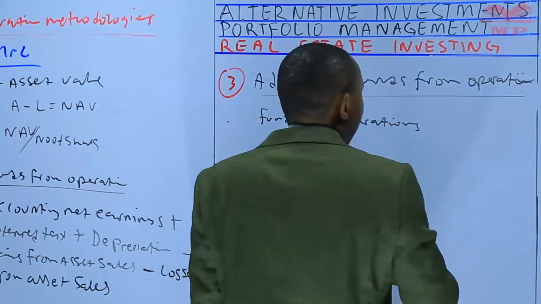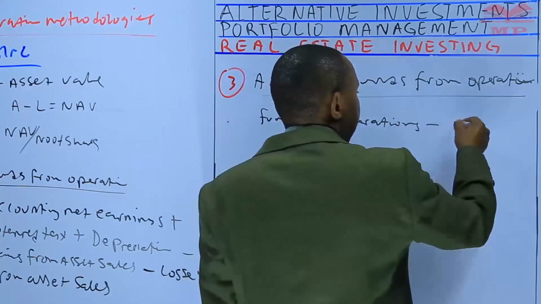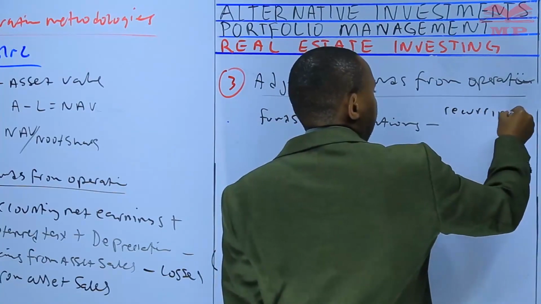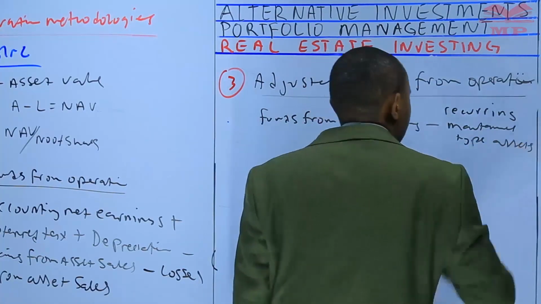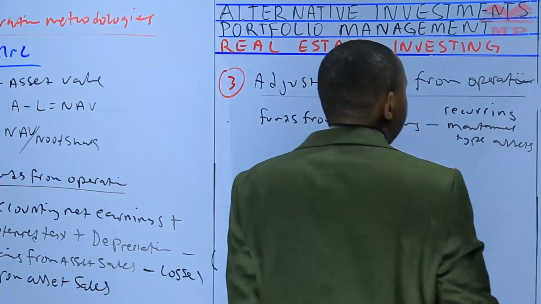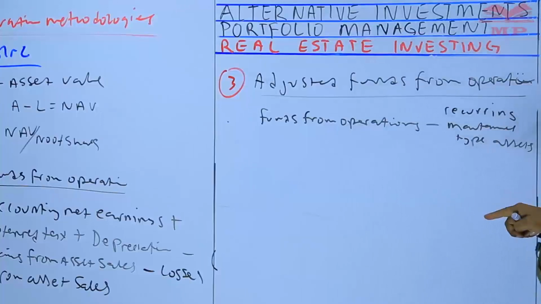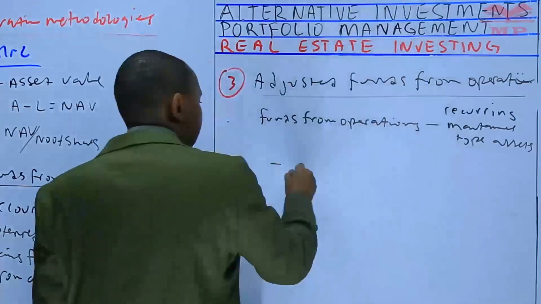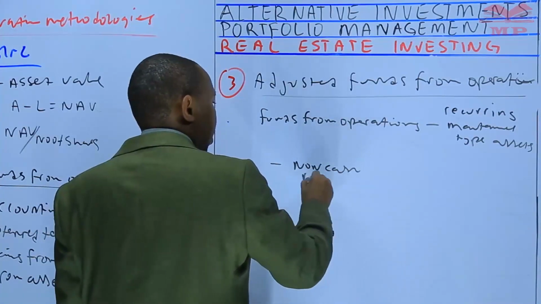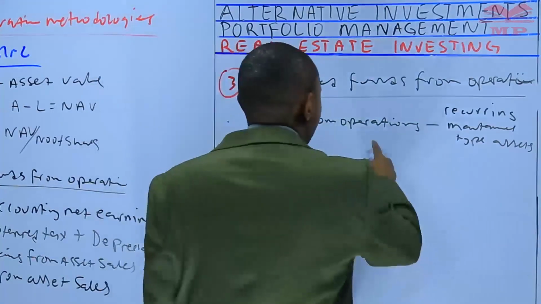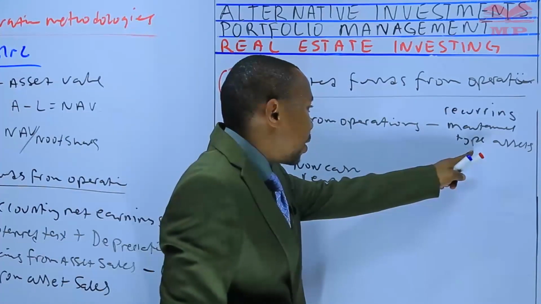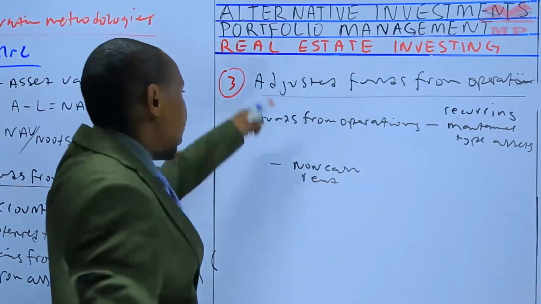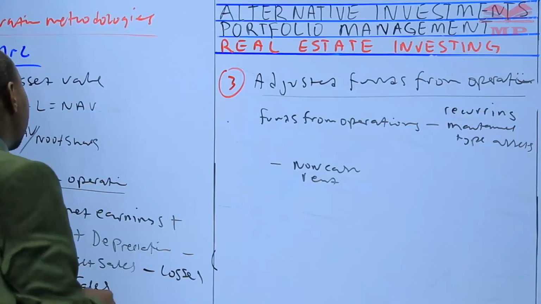Then we subtract recurring maintenance type assets, and we also subtract non-cash rent, and then we get the adjusted funds from operations. That's the third approach for public forms.